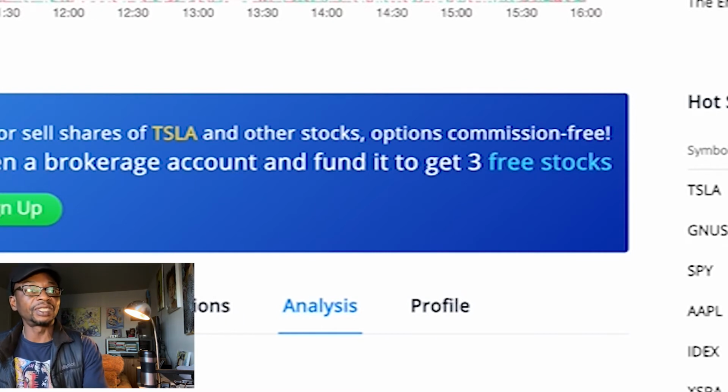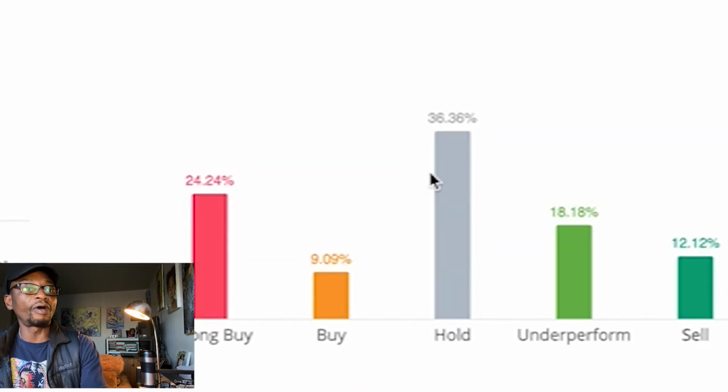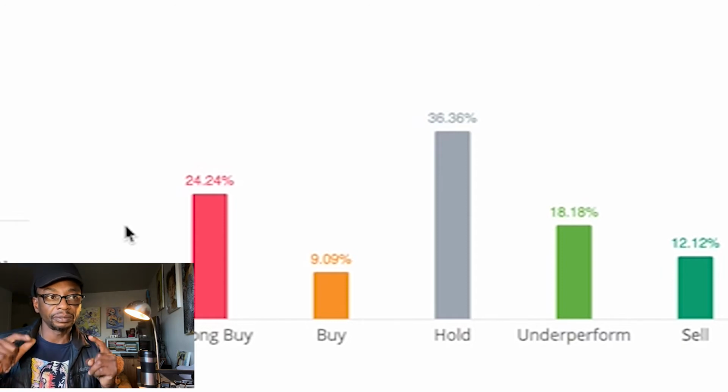And as we can see with Tesla, it's more of a hold. And the strong buy is coming up as a second contender. So a lot of people, 24% of the analyzed market, are saying Tesla is a strong buy, while 36% are saying it's a hold. 18% are saying it's underperforming, while 12% are the bears who are saying sell.